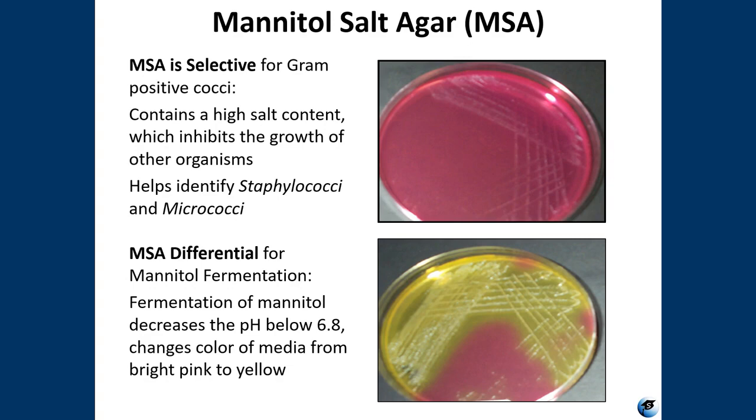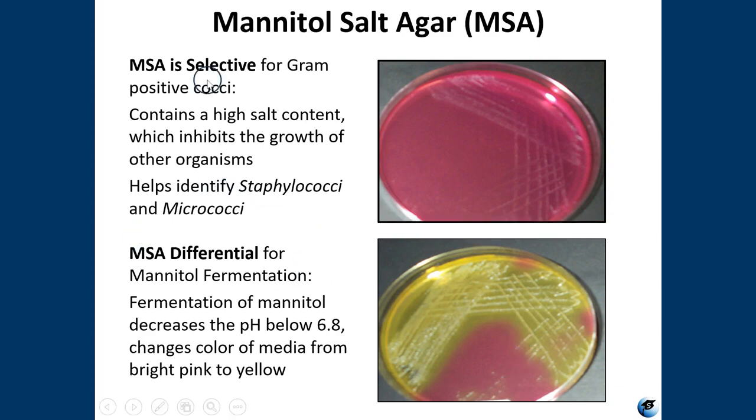MSA is differential for mannitol fermentation. Fermentation of the carbohydrate mannitol decreases the pH, and it makes the media change from a reddish color or a bright pink color to a yellow color. Among the Staphylococcus species, only Staphylococcus aureus, which is shown down here, is going to be able to ferment mannitol.